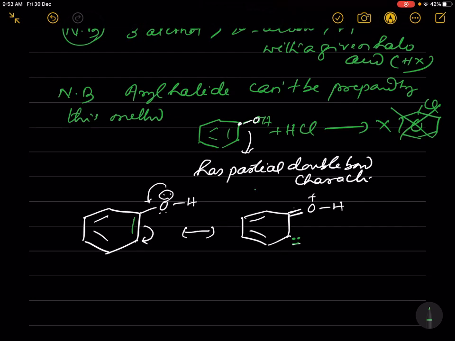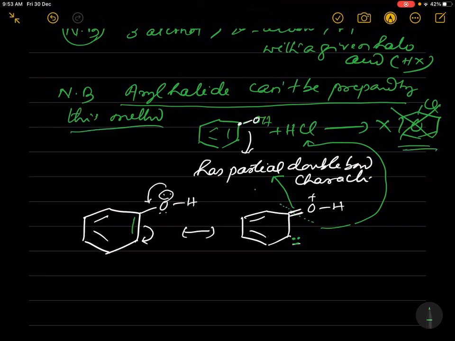Here you will get partial double bond character. So to break this bond needs more energy, so reaction with HCl is impossible. So aryl halide cannot be produced by this method. This is aryl halide. This bond cannot be broken because of partial double bond character, and this is due to resonance. Here this double bond has more energy than a single bond, so it is difficult to break a stronger bond.